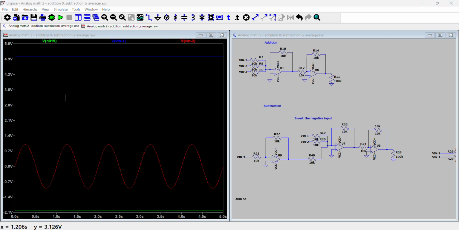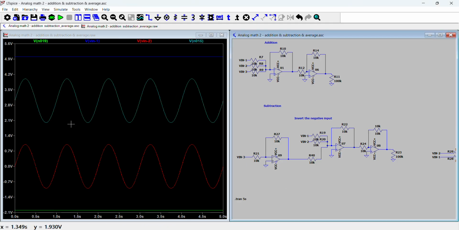So we want to have this voltage plus this voltage minus this voltage, right? The output is here. So this is 5 plus 0 minus 2, and that gives you 3, as you can see. So yeah, this is a subtraction circuit.